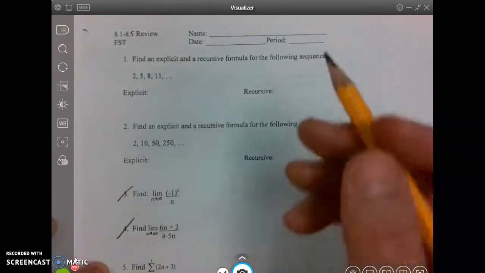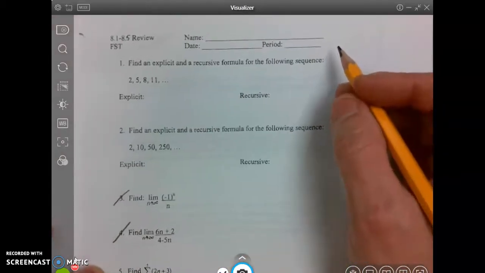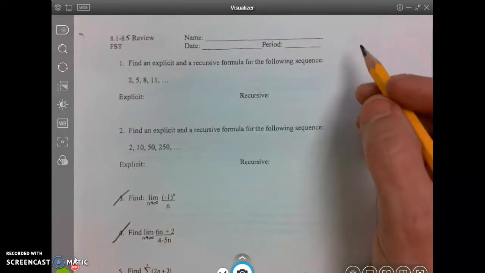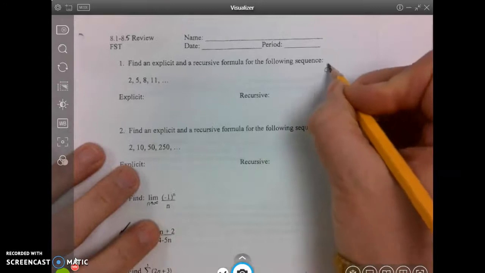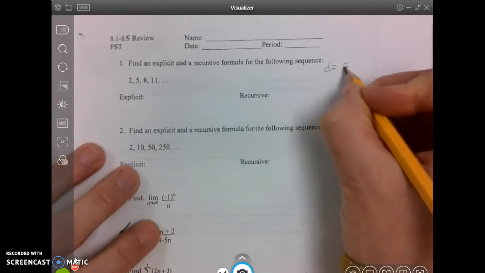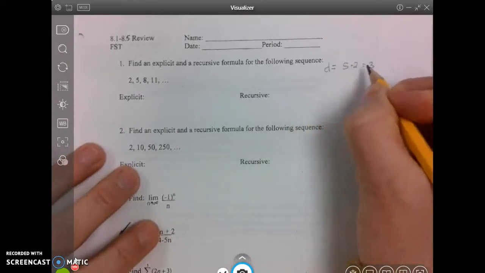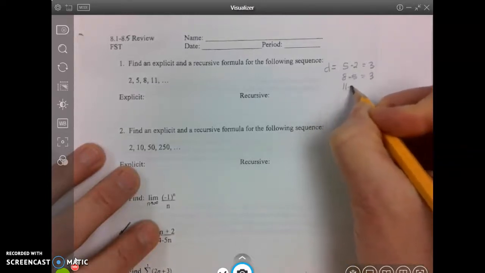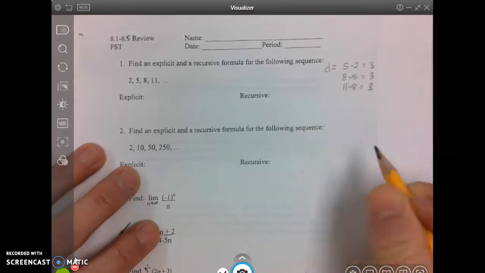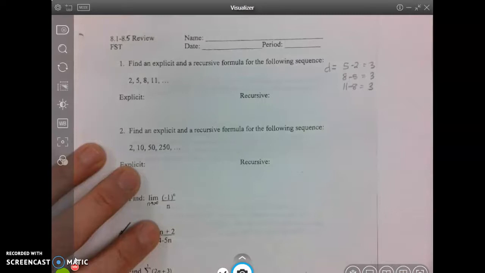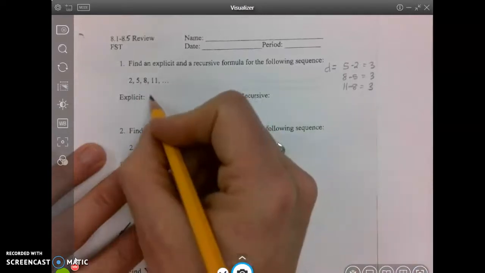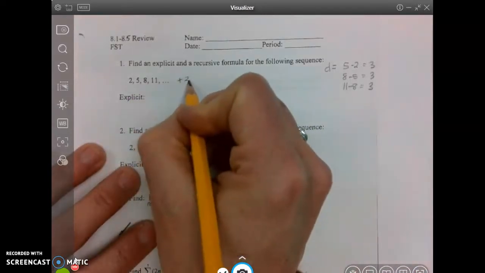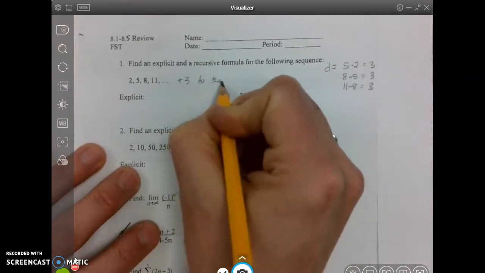If you're not sure about that, what you always do to check and see if it's arithmetic or geometric is first see if there's a constant difference. 5 minus 2 is 3. 8 minus 5 is 3. 11 minus 8 is 3. You always do term minus previous term. It has a constant difference. And so I know that I'm always adding 3 to the previous term.